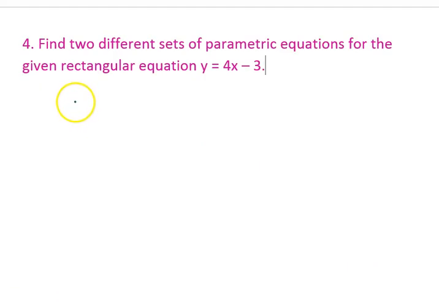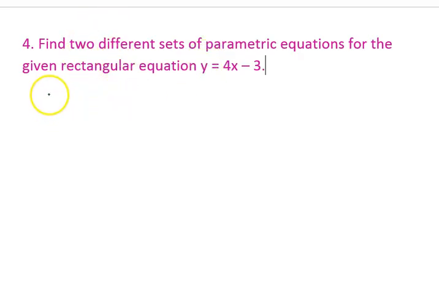Okay, for our last example, we have changed up the directions a little bit. It says find two different sets of parametric equations for the given rectangular equation. In other words, you've got to come up with the t thing by yourself, the x equals t or whatever by yourself. And as long as you substitute correctly, you should get an answer that works.